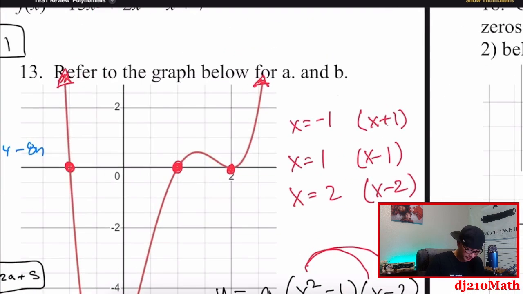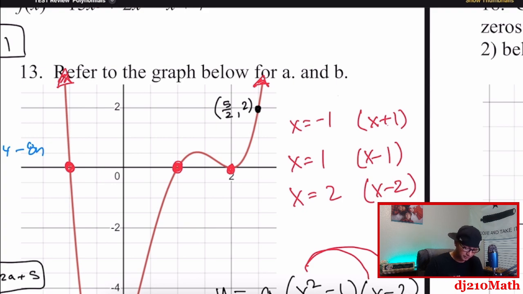That's right here. Well, this is a half number. So this is going to be 2.5, which is 5 halves. Right, because this is 5 halves, and then up 2. So when x is 5 halves, y is 2.